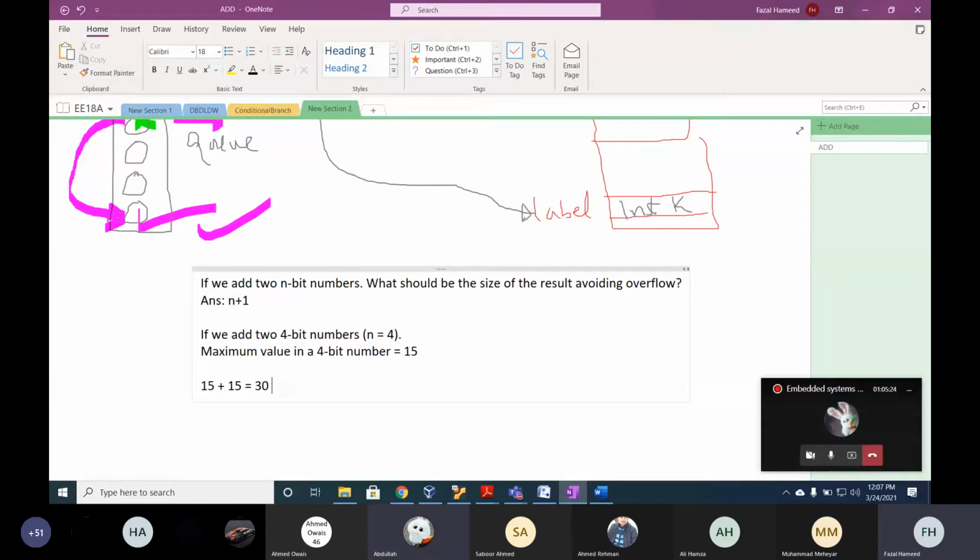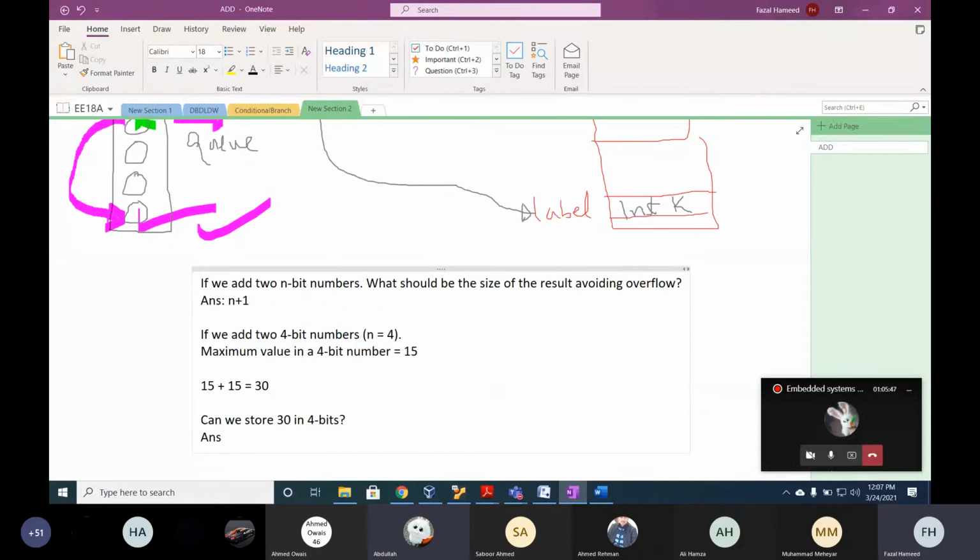Yes, sir. So if we add two n-bit numbers, for example 15 plus 15, if we add two 4-bit numbers, can we store 30 in a 4-bit number? The answer is yes or no?